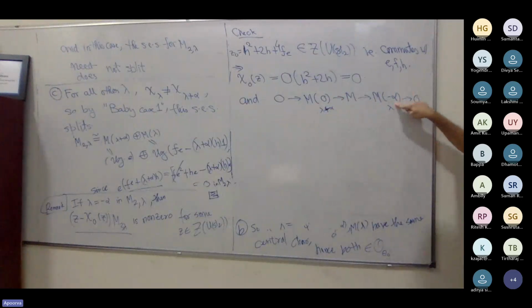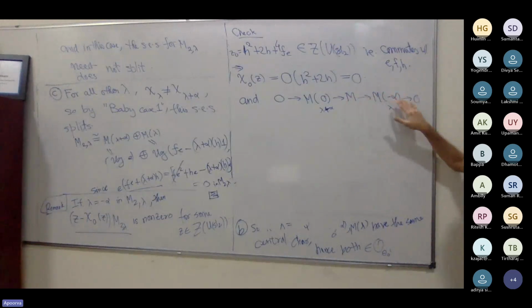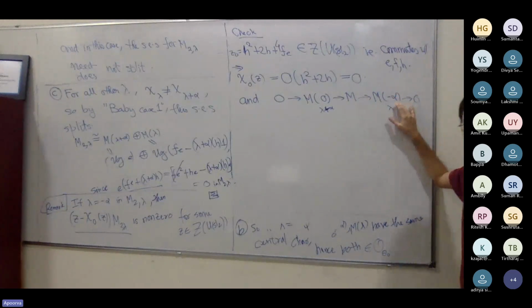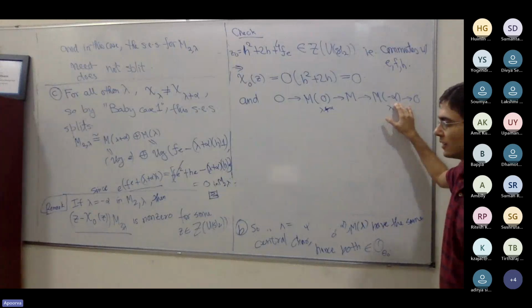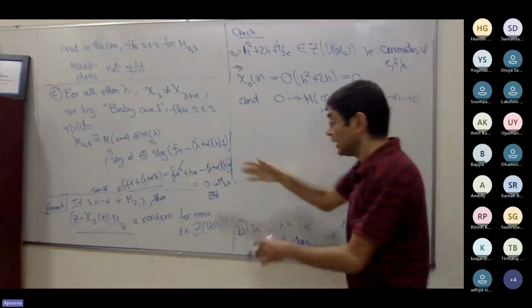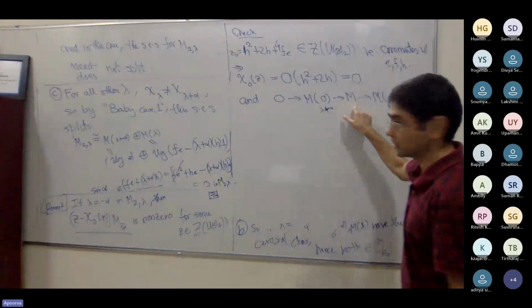How does it act on this module? Not the full module, the quotient module. Here we can actually make it act on vectors in this module, because we can take D squared. But we are going to act on vectors. That's the point here.